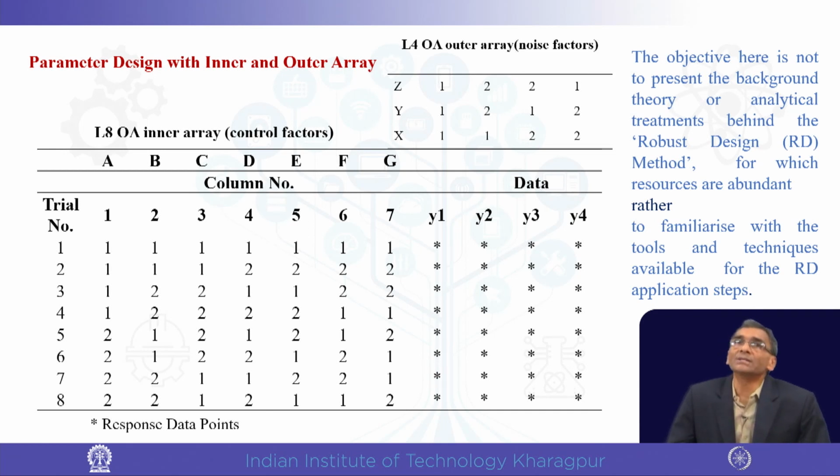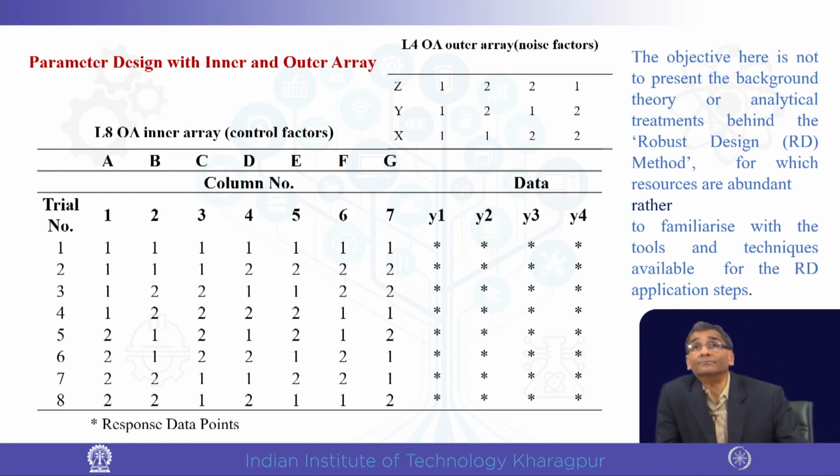Now, what we do is y1, y2, y3, y4; these are the responses, that is the result, if we conduct a study with these conditions, when the noise levels are 1, 1, 1, 1, and all these are at level 1. These are the responses. So, we take the average of it and do the calculation or find the signal to noise ratio.